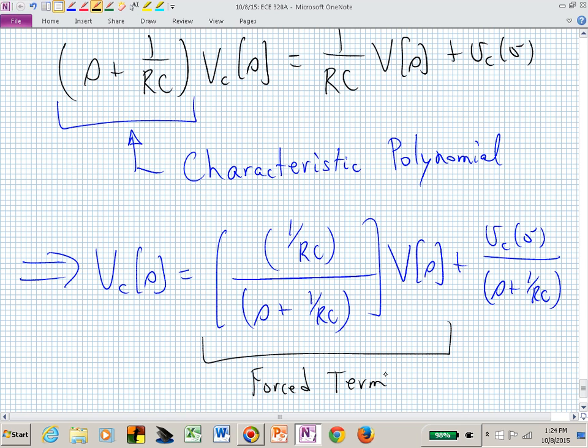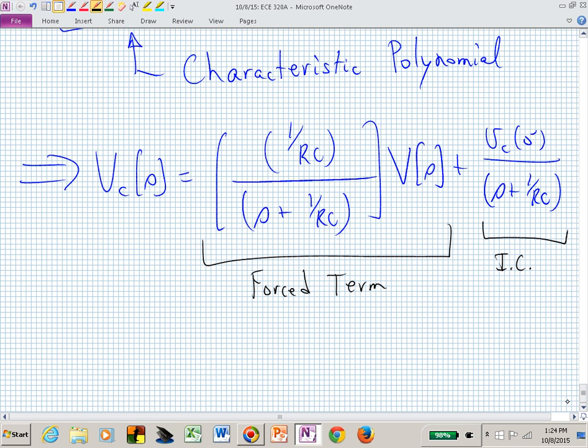That's called our forced term in the response, and this is now the piece of our response that's due to the initial condition.